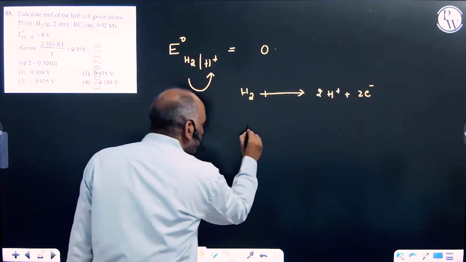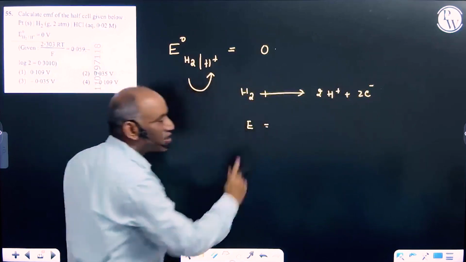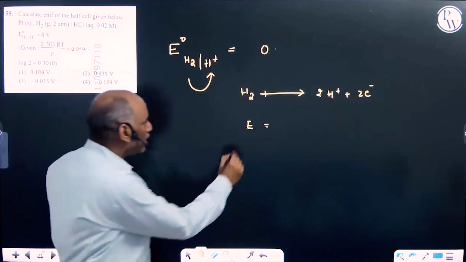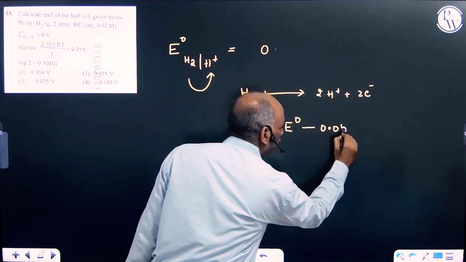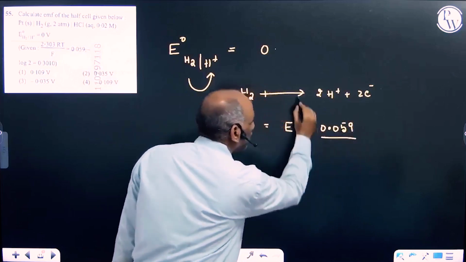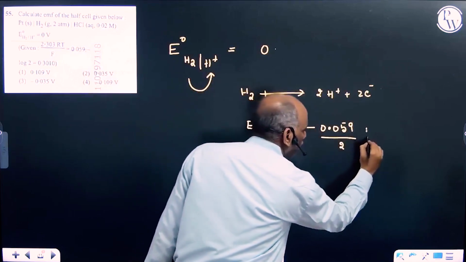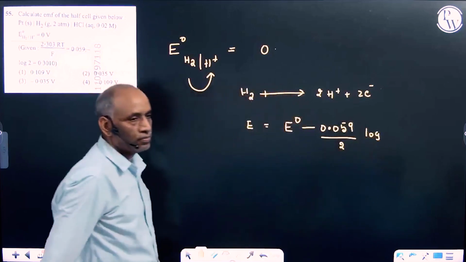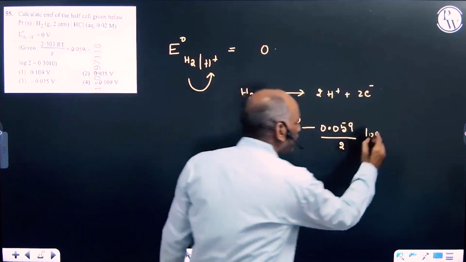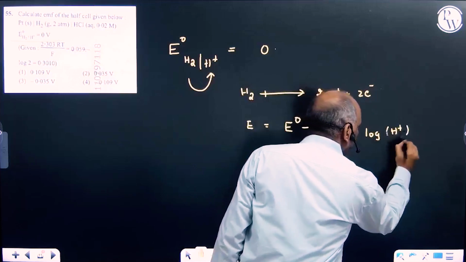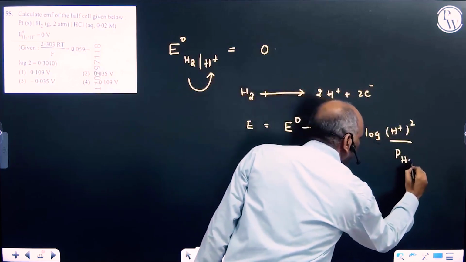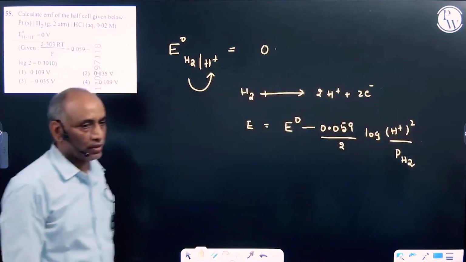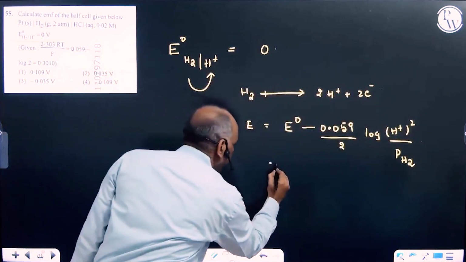So if E is the potential of this half cell reaction and E naught is its standard, you can write it as E naught minus 0.059 by n, where 2 electrons are involved, log of Q. In this Q, you have the H plus concentration whole square by the gaseous species, the pressure of hydrogen.